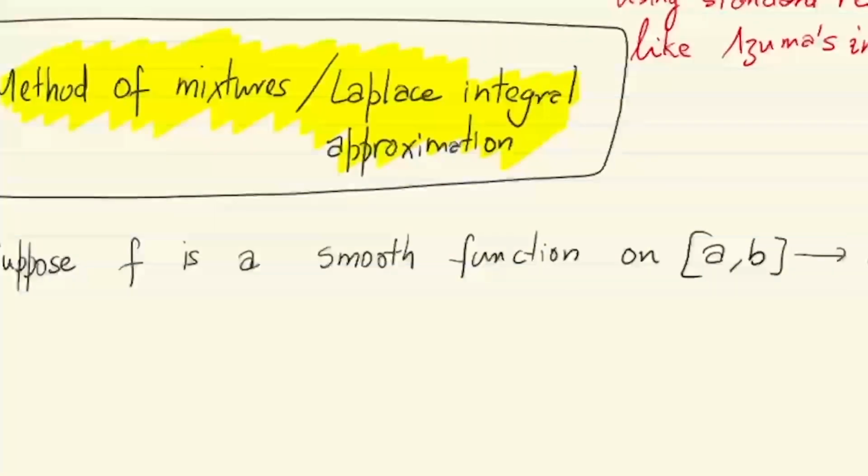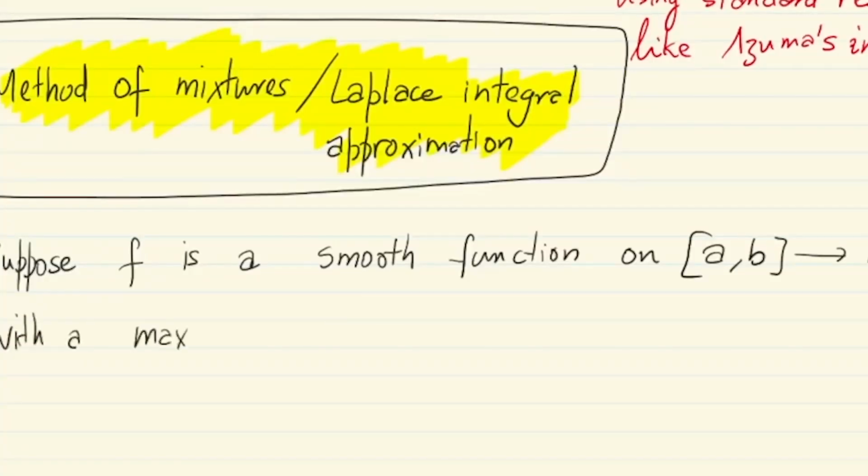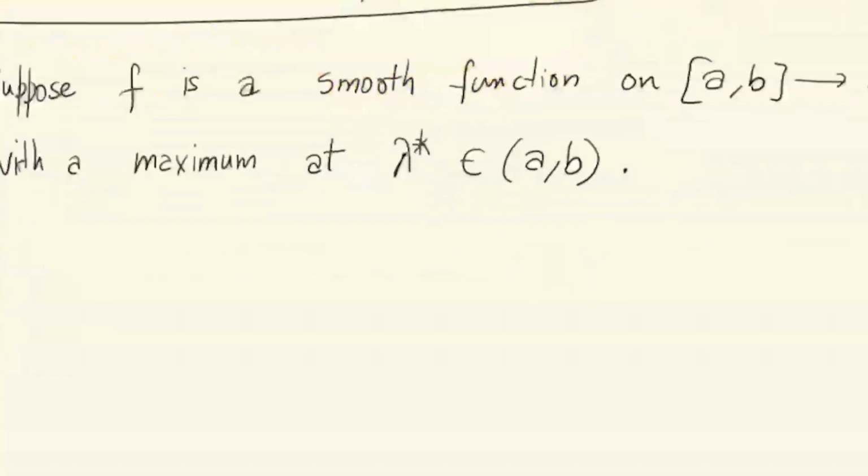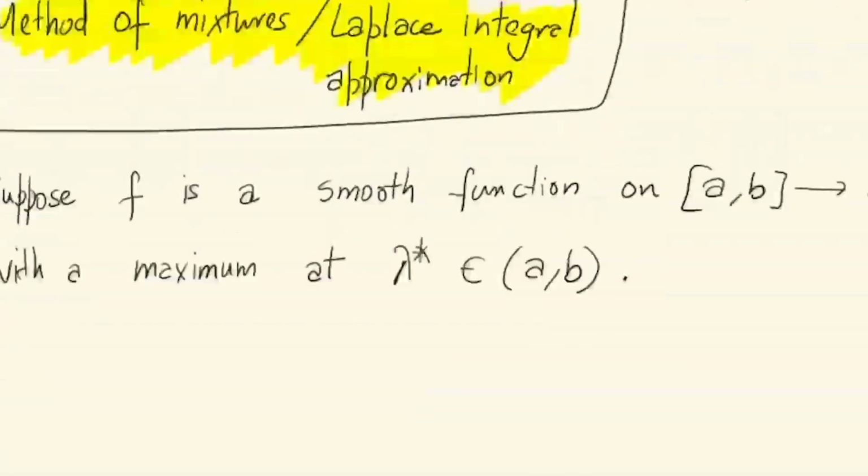Okay, so it's a real to real function with a maximum at an interior point lambda star in (a, b). So f accepts an argument lambda in the closed interval [a, b], and its maximum actually occurs somewhere in its interior.